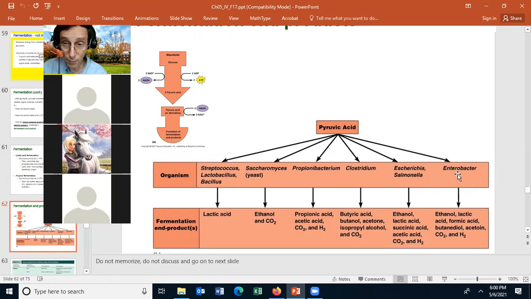And then Enterobacter, we use that to make, what do you call that? When you have wine, it can go bad and form, what is that product called?